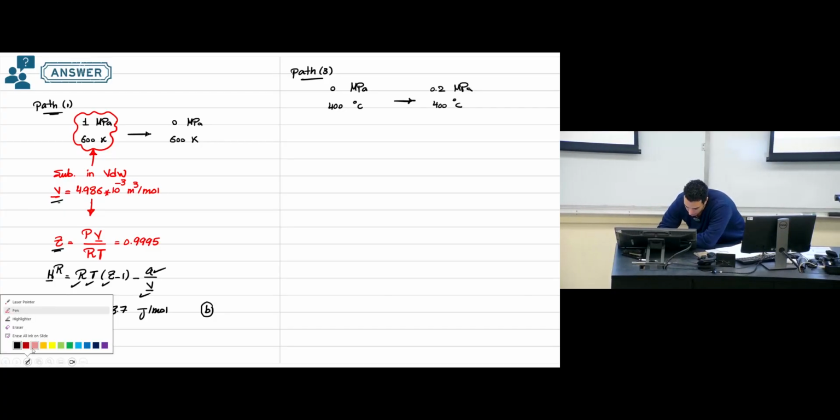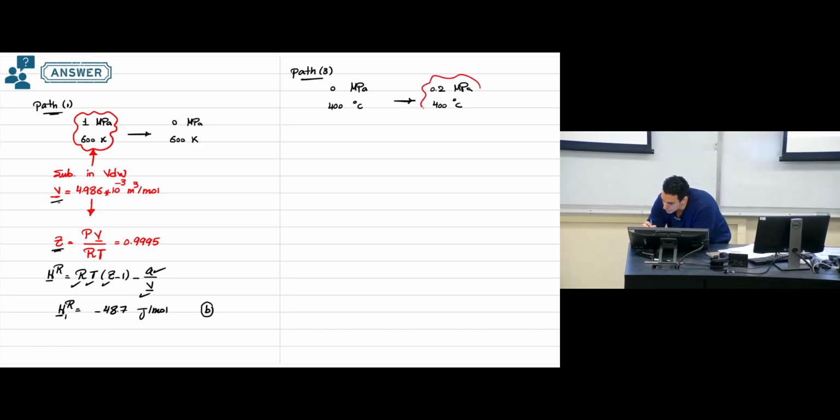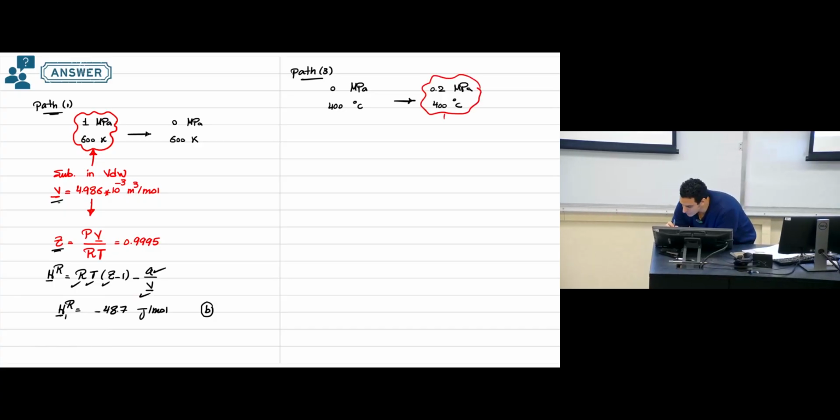So the same thing, we will use the real conditions, substitute in the van der Waals equation of state to find the molar volume, which will be 0.01659 meter cube per mole.